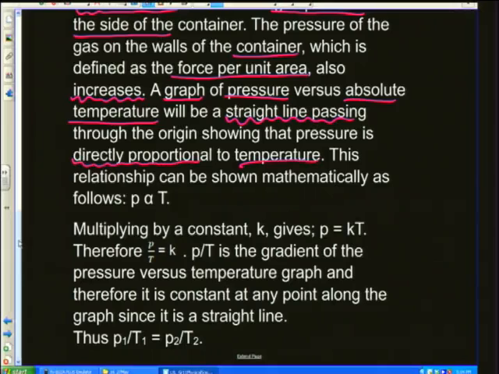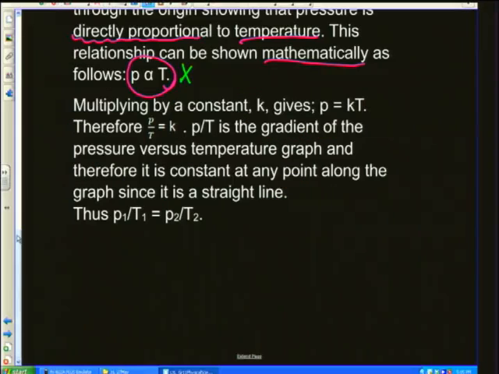This relationship can be shown mathematically. Pressure is directly proportional to temperature. If we multiply this relationship by a constant K, we're going to get that P will be equal to KT.